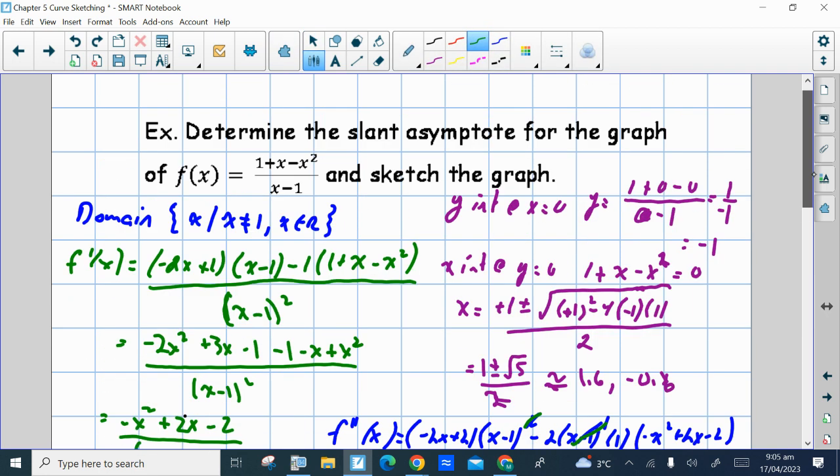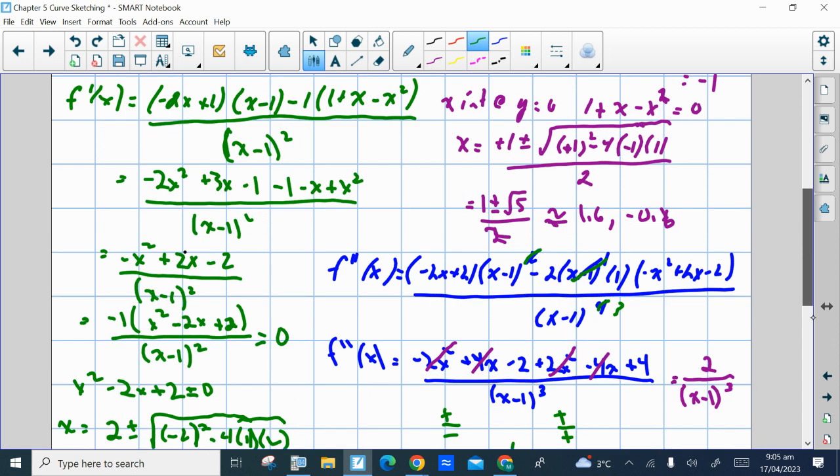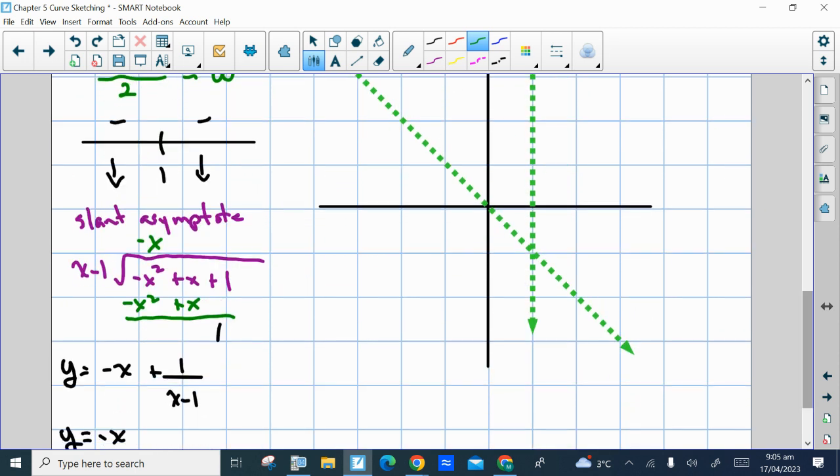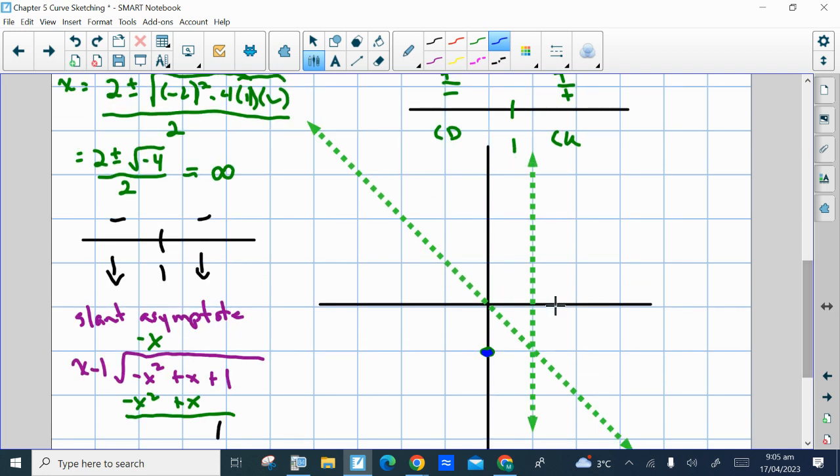We have a y-intercept at negative 1. We have x-intercepts at 1.6 and negative 0.6. 1.6 is approximately there. Negative 0.6 approximately there.